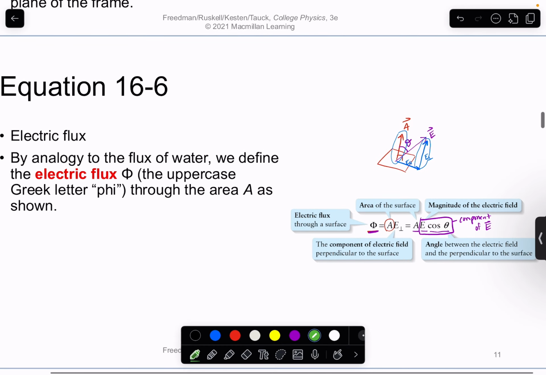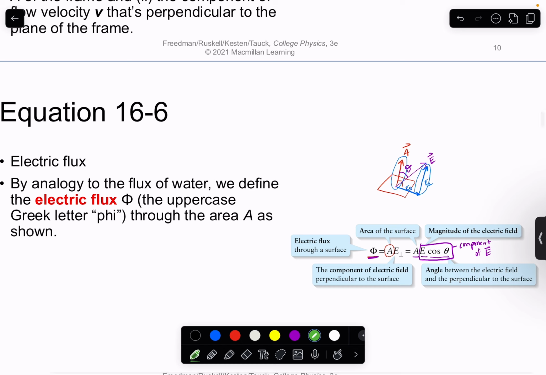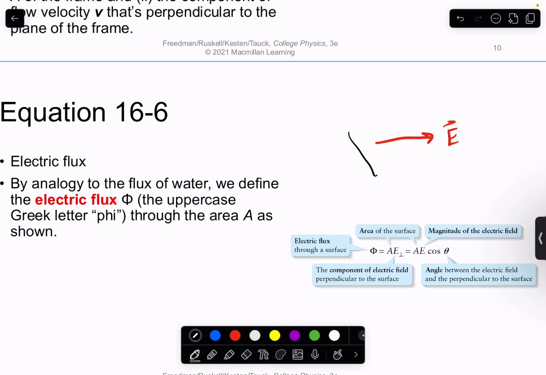Now in terms of electric flux, the situation we are talking about is not the velocity of water, and it's not a random vector V. The vector that we care about is the electric field vector, and how much of it passes through some surface area A. And here's the perpendicular.